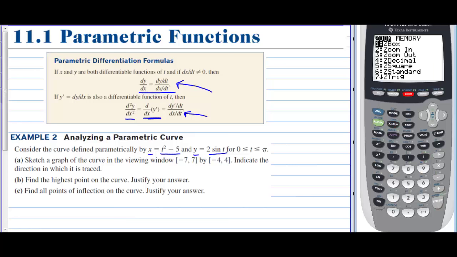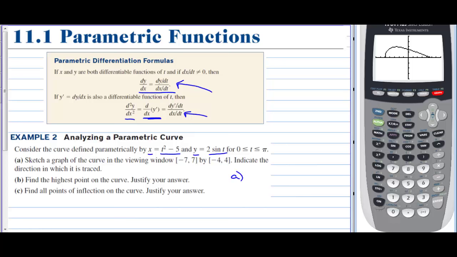And let's go to the window, not zoom, window, and we're going to go from 0 to pi with the t, and then x is going to be -7 to 7, and y is going to be -4 to 4. So let's graph this, and we can see that the graph is going from -5 to approximately 5.